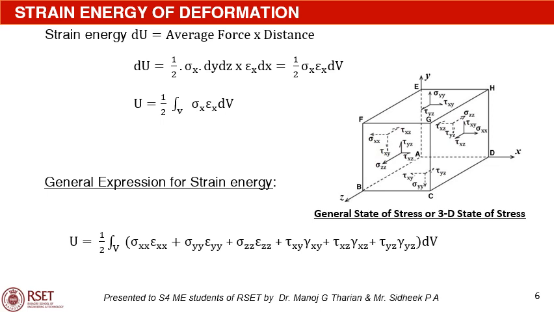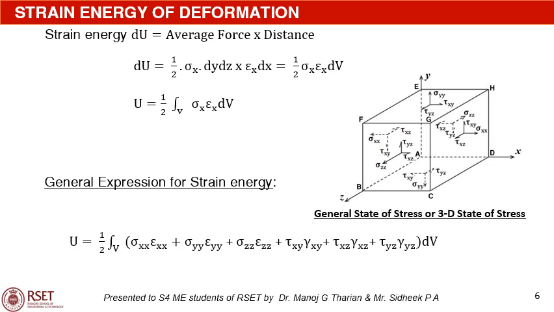The work done on the element is stored as strain energy. Thus, the expression for the strain energy dU is equal to average force into distance. That is, dU is equal to half into sigma x into dy into dz into epsilon x into dx, equal to half sigma x epsilon x dV.